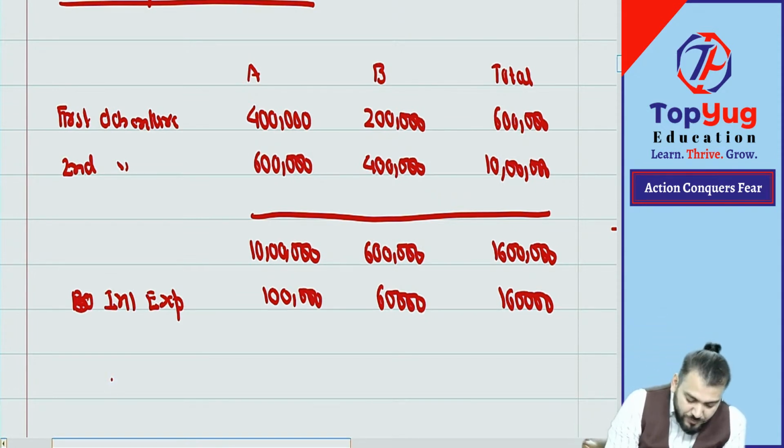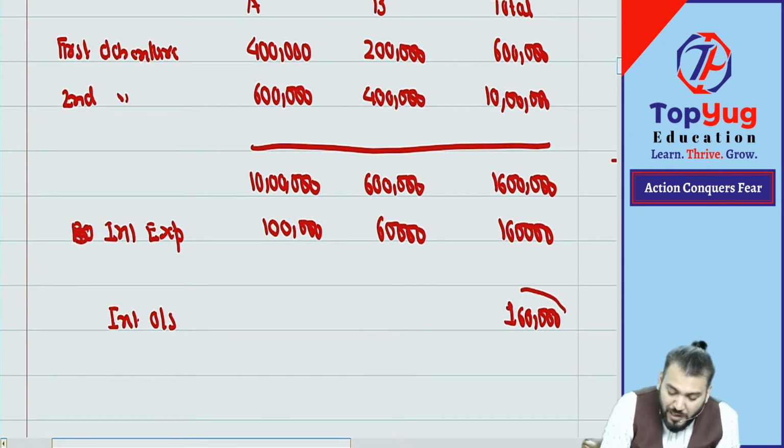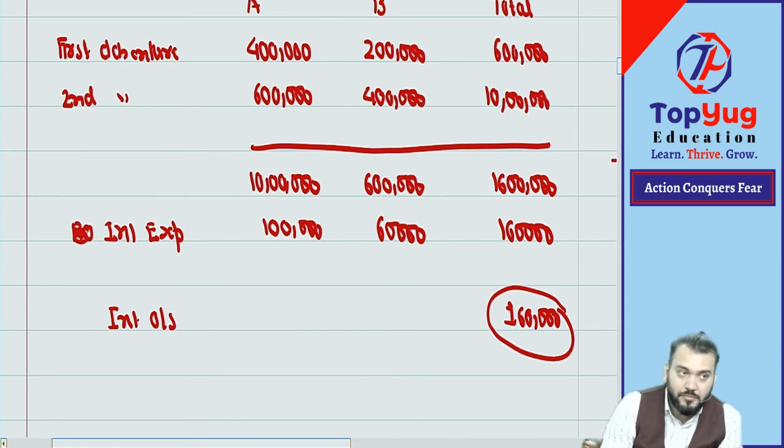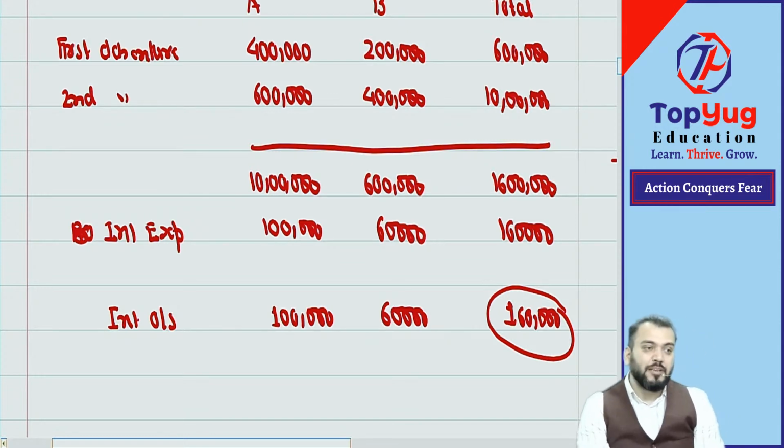And can I say debenture interest outstanding is also 1 lakh 60,000? Correct? So this will be allocated in this ratio only. Means it will be 1 lakh and 60 only. Just try to understand what I am saying. In this question it is very simple. It is 1 lakh 60, 1 lakh 60 ho gaya.